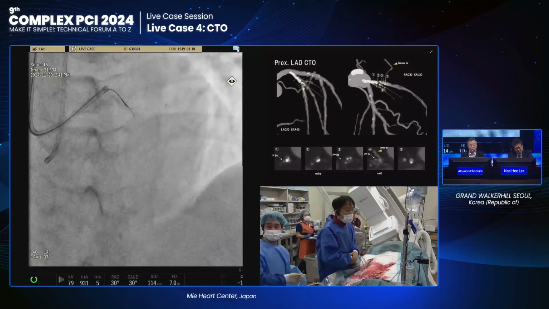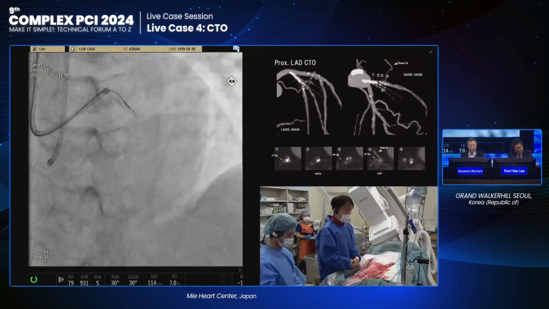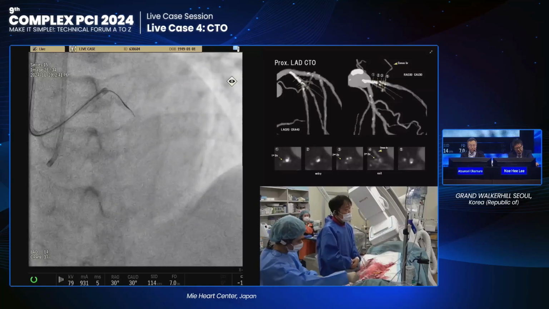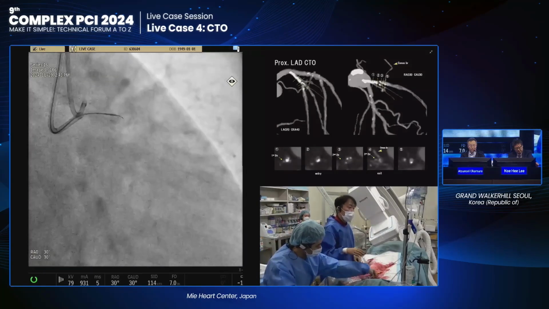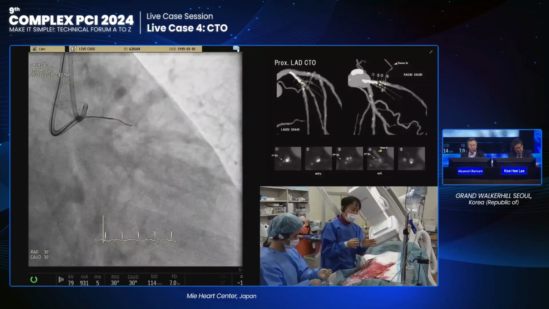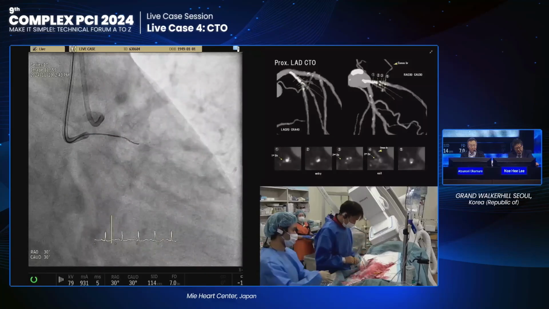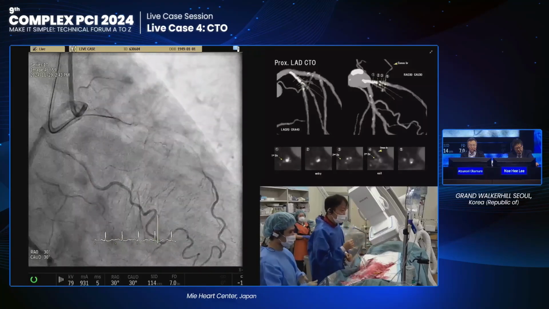The XTR advanced a little bit, but I had resistance in the distal landing zone. So I switched to the Gaia Next 1. I'm sorry, I could not explain, but it was very time saving. So this is the Gaia Next 1.